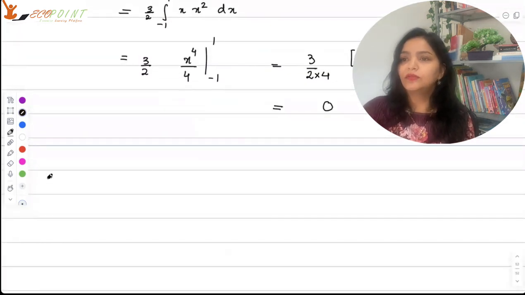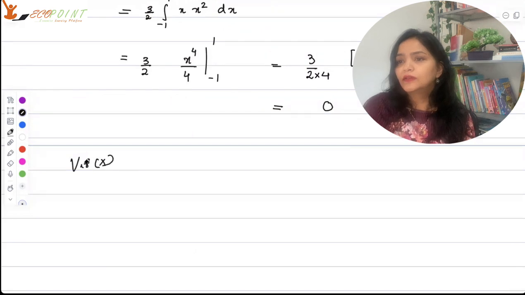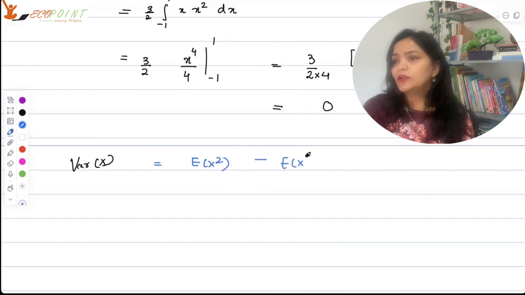On the other hand, now let's try to find out the variance for this random variable. Variance is expected value of x squared minus expected value of x whole square, right? So what we need to find out is expected value of x squared. Expected value of x squared will be the integral from -infinity to infinity of x square fx dx, right?